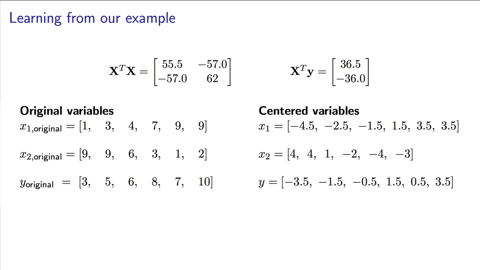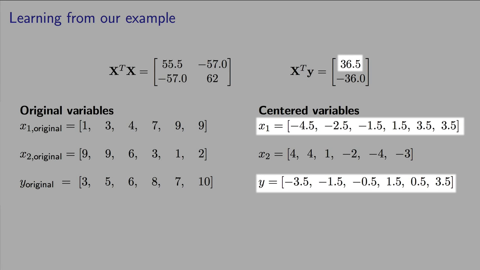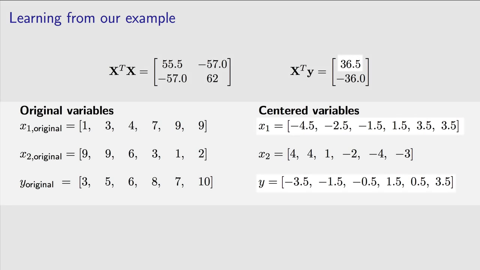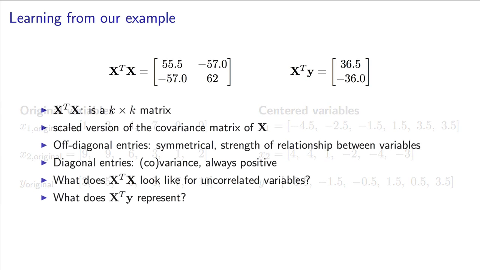The positive sign for the first entry indicates that the first x variable is positively correlated with the y variable. And we see that in the raw data. As that first column increases, the column of y also increases. The second entry in X transpose Y is negative, indicating that that column in X has a negative correlation with Y. And that's also observed in the raw data there.